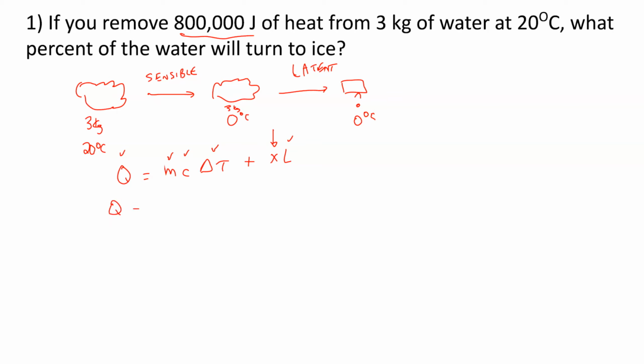I'm going to go ahead and subtract this term from both sides, leaving me with XL. I divide by L, and let me just do that right here in the interest of time and space. There's that X that I need. So right here, I've got 800,000 joules minus 3 kilograms of water, which takes 4,186 joules per kilogram degrees Celsius to change the temperature of.